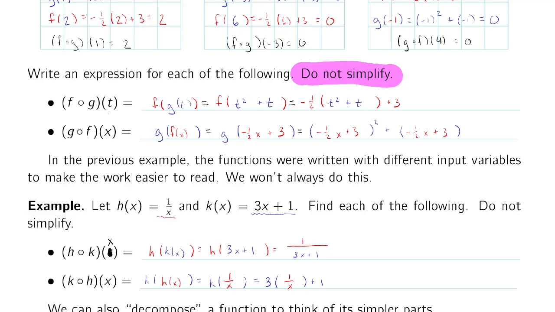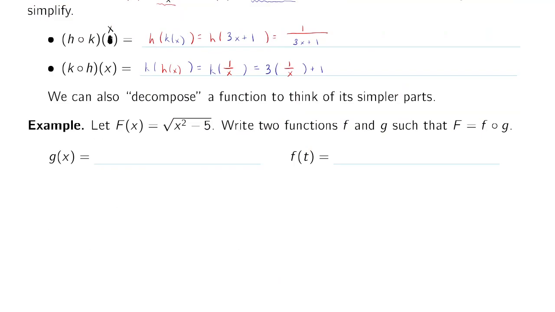We can also think of ourselves as taking a big complicated function and decomposing it. So we can come up with two simpler functions that are composed to get a bigger function. Let's see an example of that. Here we have a capital F of x, which is the square root of x squared minus 5.